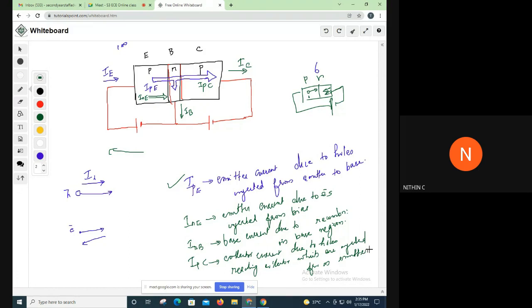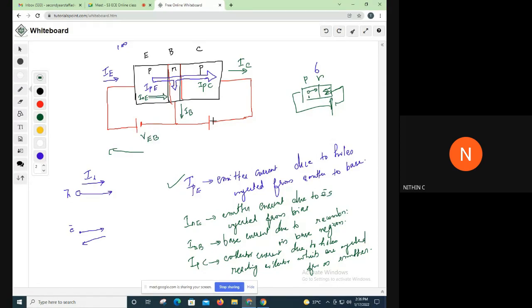This has been asked many times: draw the structure of a bipolar junction transistor and represent the current components. So one more thing is there, that you can represent. This can be represented as we are connecting to emitter and base, so this voltage can be represented as VEB.